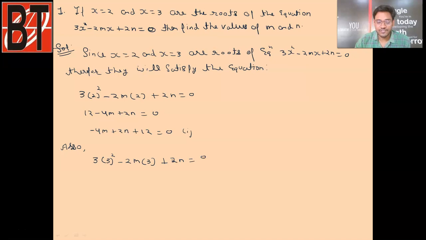Now solving this, 3 square into 3 is 27, it's nothing but 3 cube. Now 2 3s are 6, so it's 6m plus 2n is equal to 0. Now minus 6m plus 2n plus 27 is equal to 0.